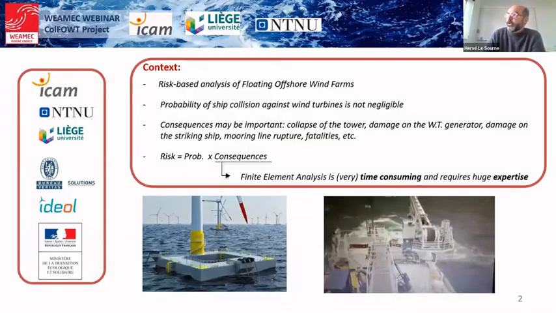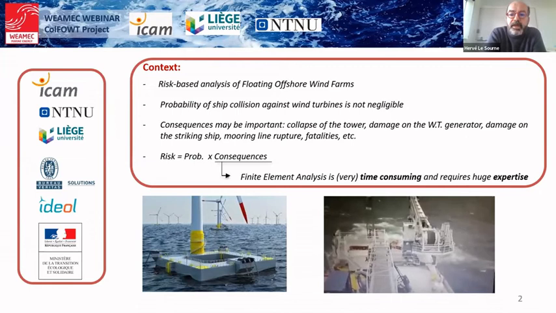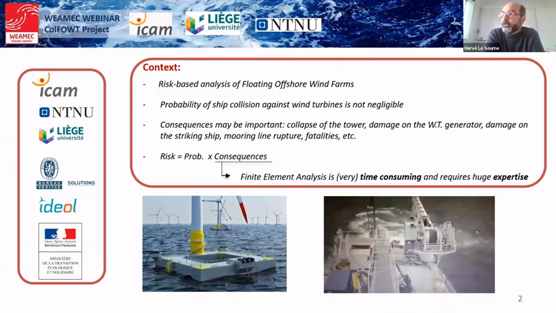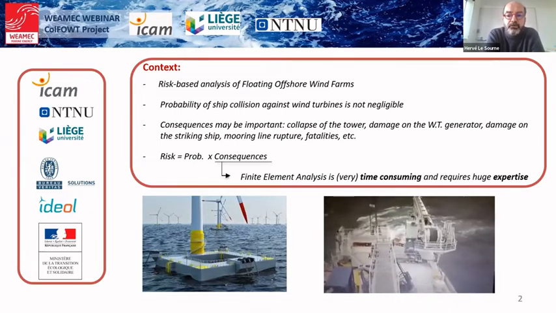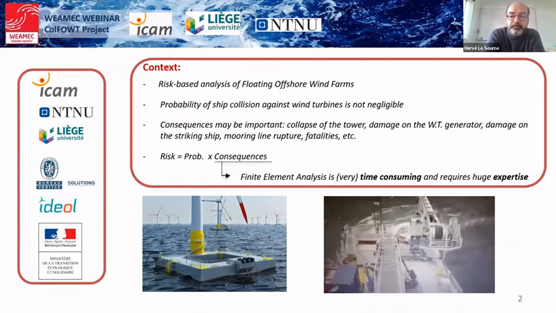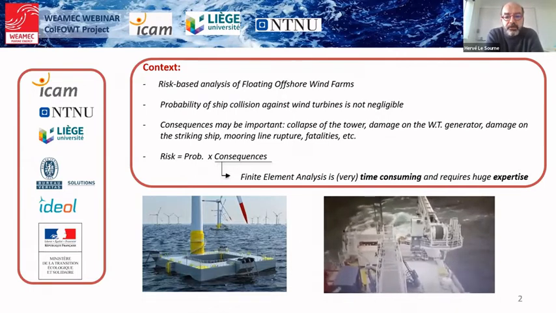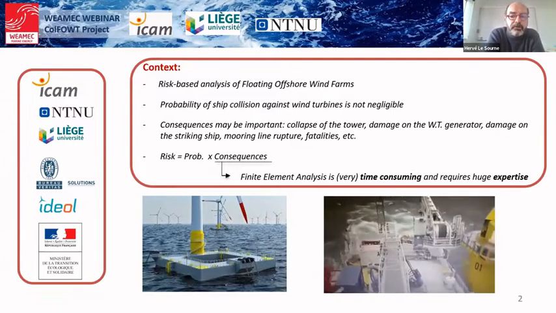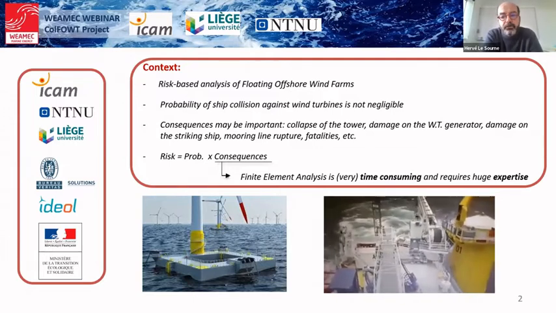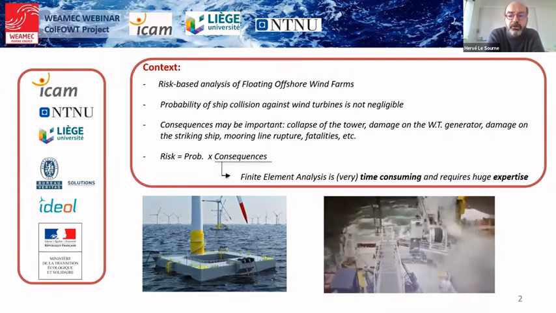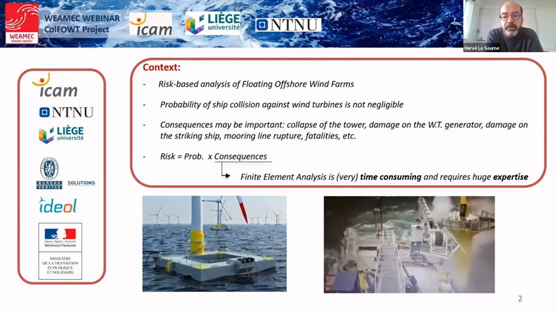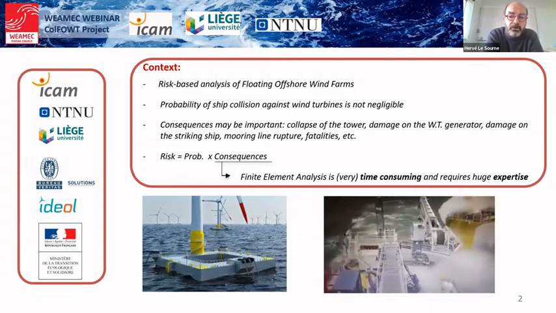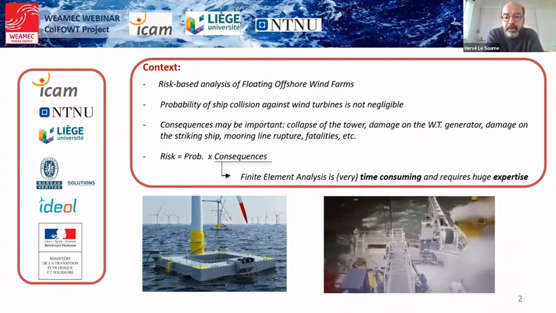This project should be placed in the context of a risk-based analysis of floating offshore wind farms. In fact, the probability of a vessel colliding, during an avoidance maneuver by another vessel or drifting due to a propulsion failure, is not negligible. So the consequences can be significant.